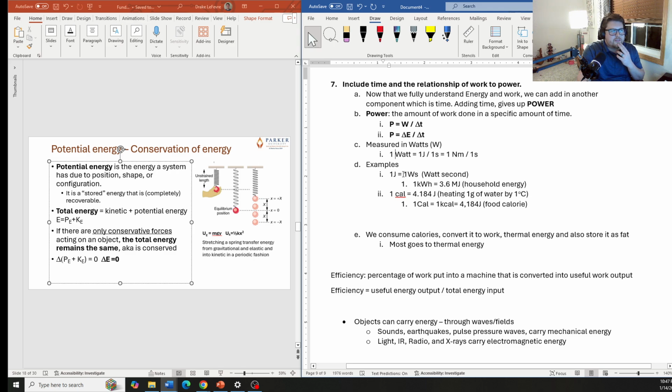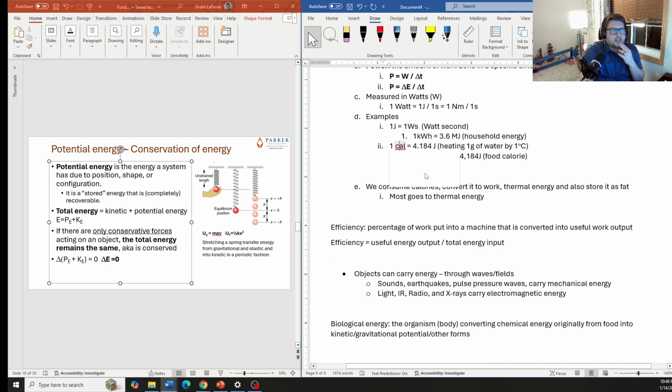We can also flip this script and say 1 joule is equal to 1 watt second. And doing the fun conversions, we can convert watts to kilowatts, seconds to hours, and that gives us kilowatt hours, which is how we measure power usage in the house.